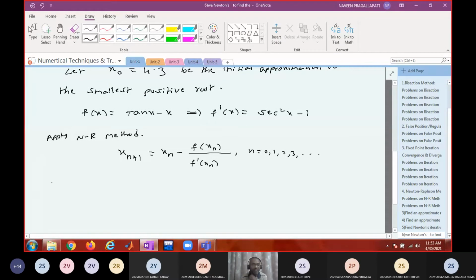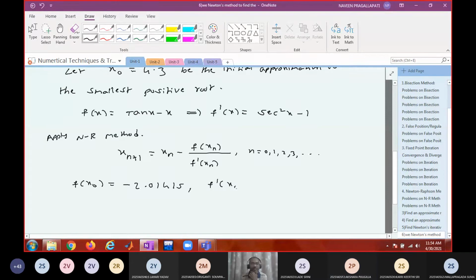So what is f of x naught, with x naught equal to 4.3? Minus 2.01415. Is your angle in radians?